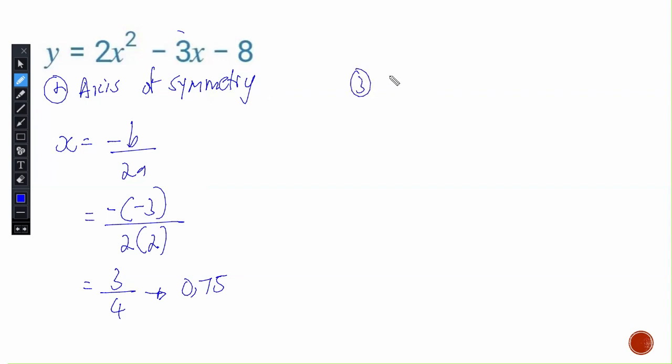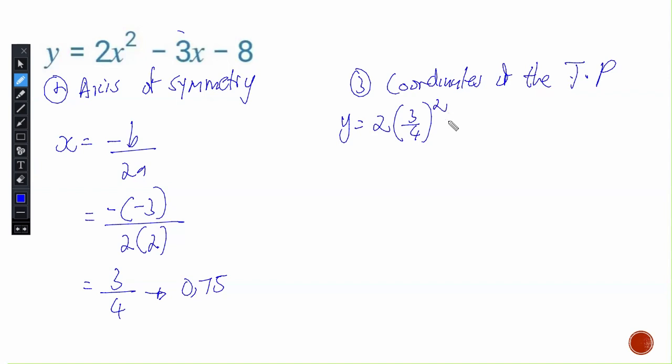And then you also need to calculate the coordinates of the turning point. We already know you have found the x-coordinate of the turning point, so it's just a matter of substituting that x value that you got there. Right. So there we go, then minus 8. Then simply grab your calculator and punch all of that in. And voila, we get negative 73 over 8, which as a decimal is about negative 9.125.